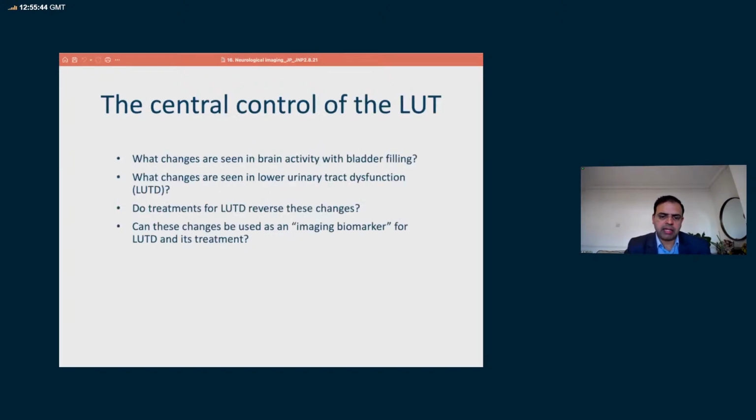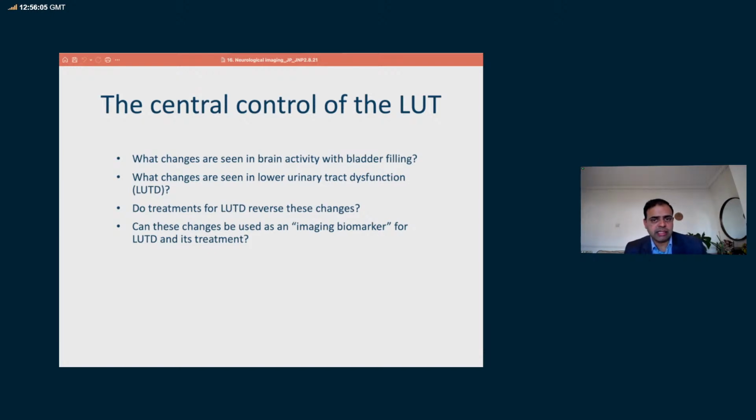The questions that one has about the central control of the lower urinary tract are what has actually led to advances in functional imaging in the context of understanding bladder dysfunction. There are several questions that come up. What are the changes that are seen in brain activity with bladder filling?